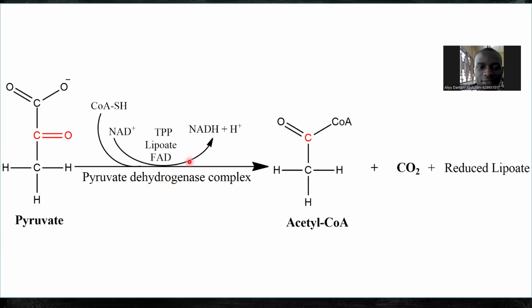So this is very important. Say we ask you to list the coenzymes required by pyruvate dehydrogenase complex, you should be able to tell us, right? Okay, FAD, lipid, TPP, NAD plus. No, not really. NAD plus is part of the reaction, really. But the coenzymes here are TPP, FAD, and lipids.